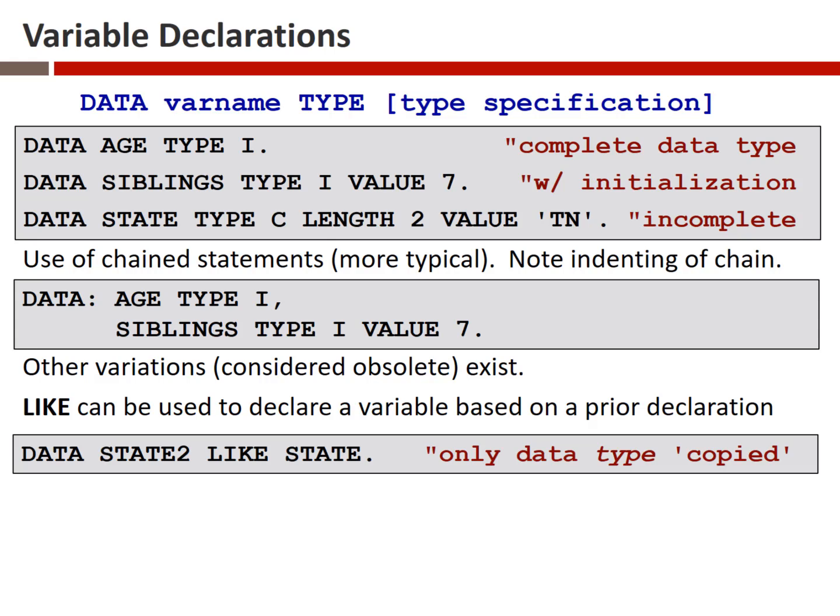And it's going to come up here and say, oh, state was type C length 2, value TN. Now what's particularly important to note here is only the data type is copied. So in this case, state2 is going to be of type C length 2, but it's not going to be set to Tennessee. The value part of that is just totally ignored when we use the like clause.